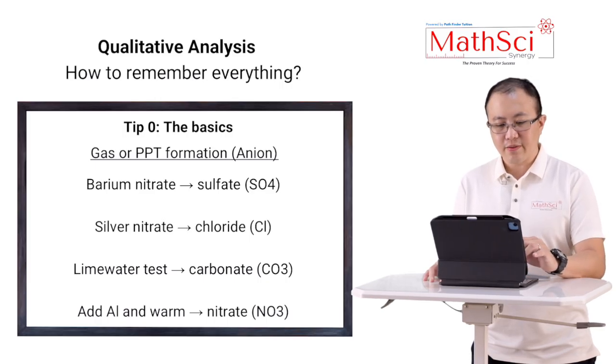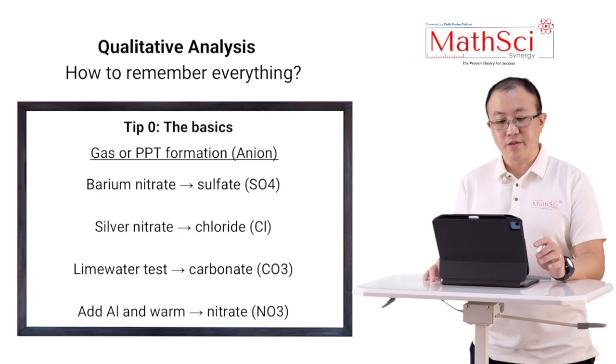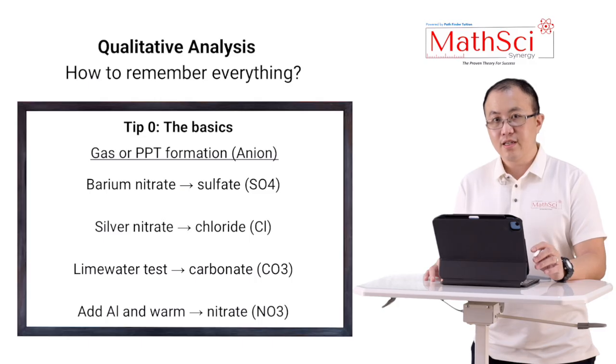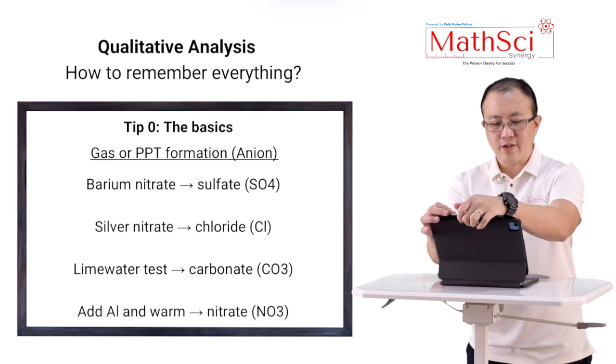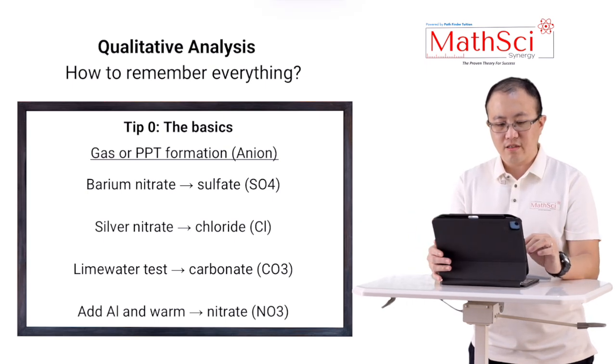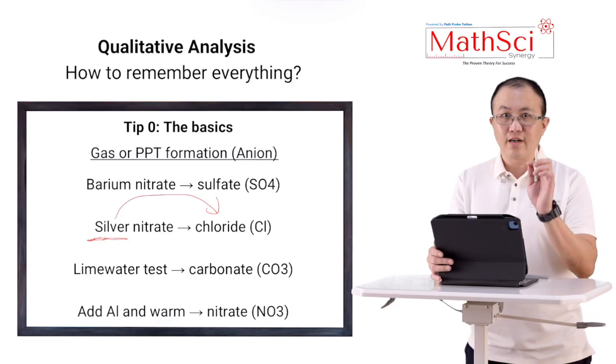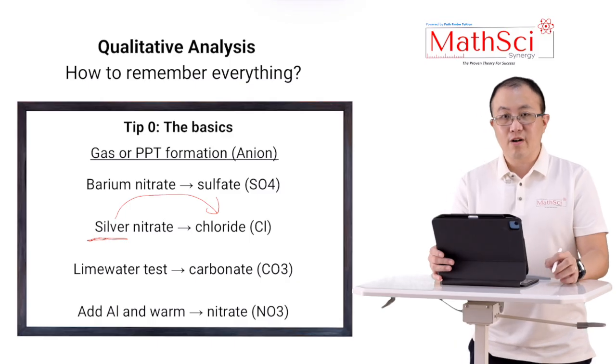On the other hand, if silver nitrate is being used, that means you're looking for chloride ion. The reason is that silver chloride is insoluble as well. So when you put silver nitrate, you know that you are looking for silver chloride, or rather chloride ion, because silver chloride will be a white PPT.